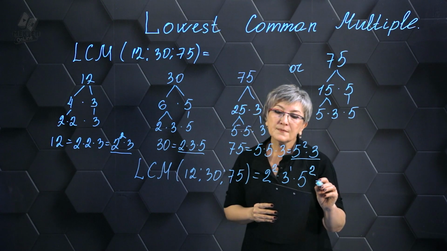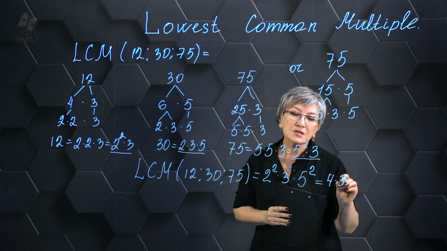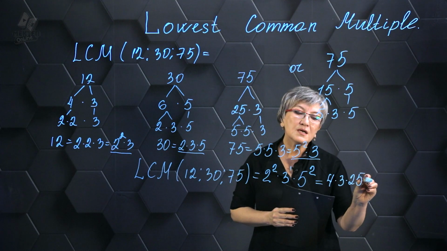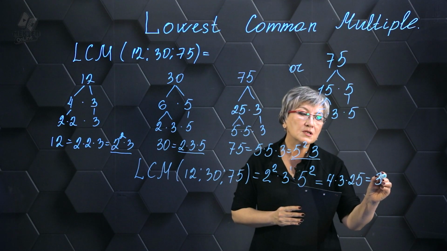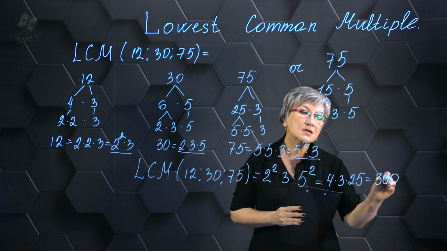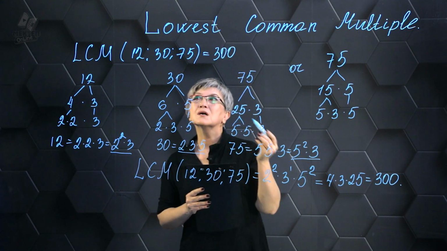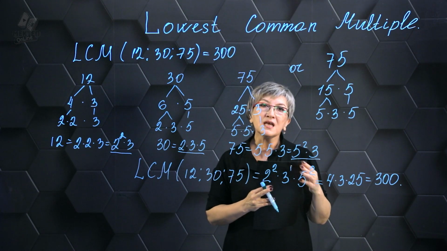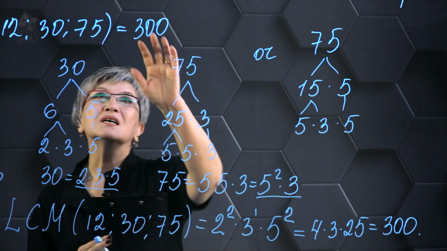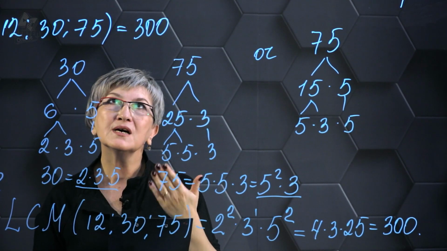Well, now we just do the math. 2 squared is 4. 4 multiplied by 3 multiplied by 25, and we calculate that 4 multiplied by 25 will be 100, and 100 multiplied by 3 will be 300. So the least common multiple is 300. Of course, you can check if this is true by dividing 300 by 12. You will get 25 without a remainder.